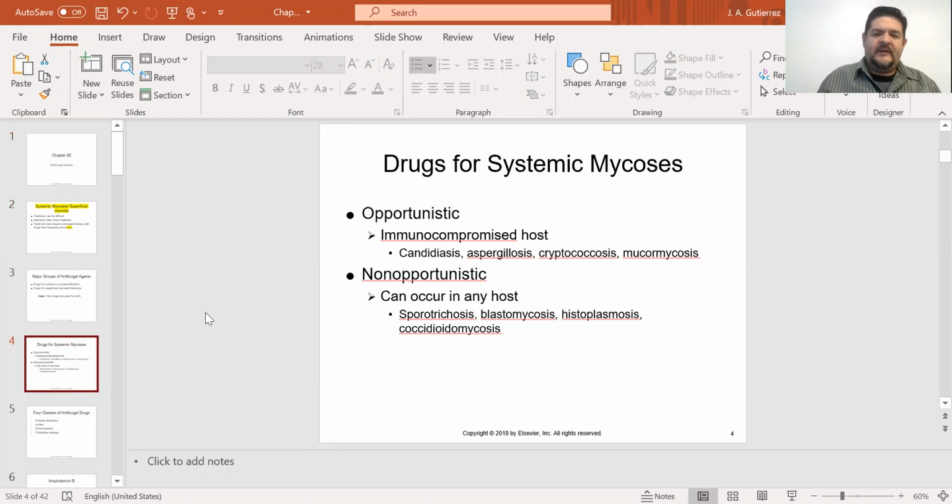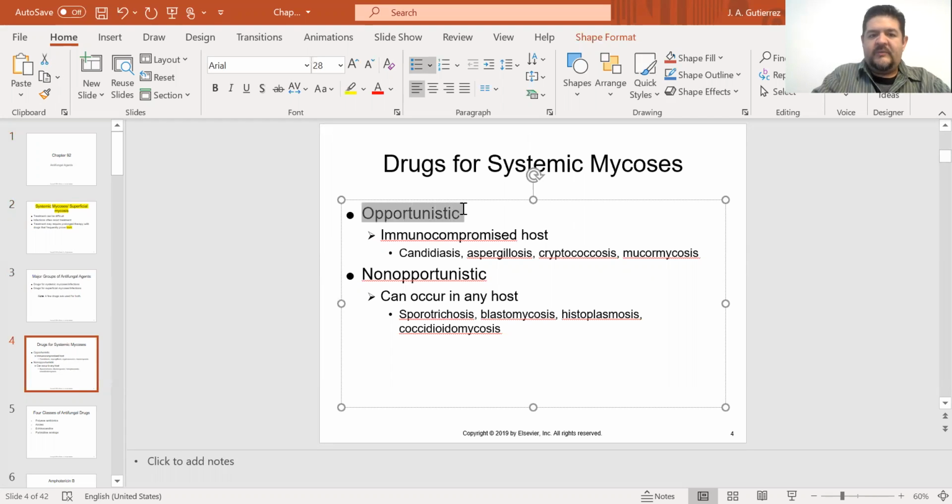Now, regarding the systemic mycosis, there's two types of infections. The ones that we call opportunistic infections, where the immune system is very low. Maybe they already have a primary infection, and that infection lowered the immune system of the patient, and now this type of fungus is able to take the opportunity and also be part of the disease that is affecting the patient.